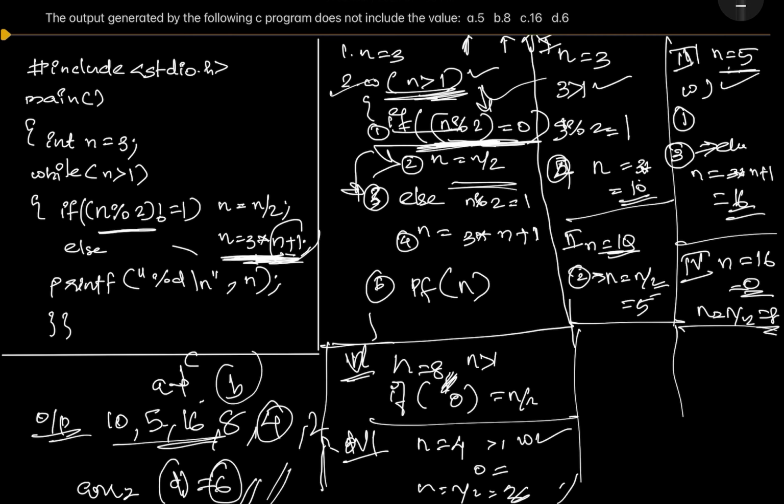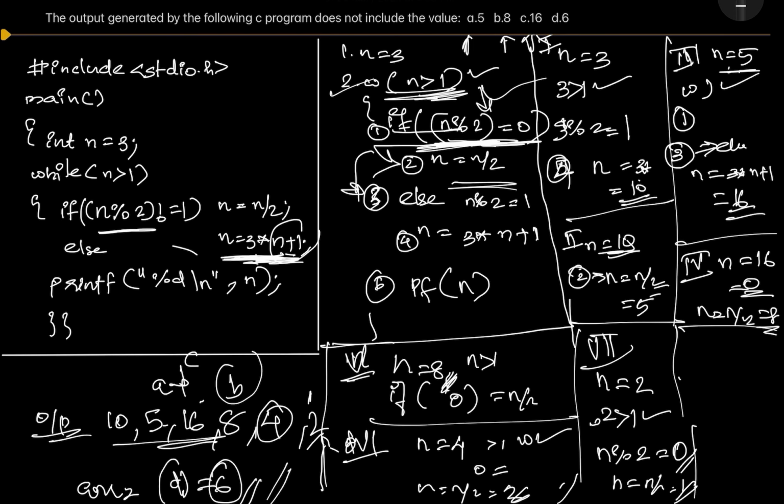In the seventh iteration, n is equal to 2 and 2 is greater than 1. So the while is executing, n mod 2 is 0, so n will be 2 by 2, which is 1. The last output is 1.